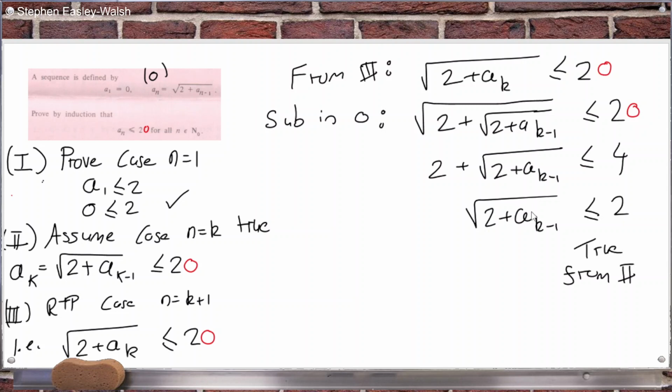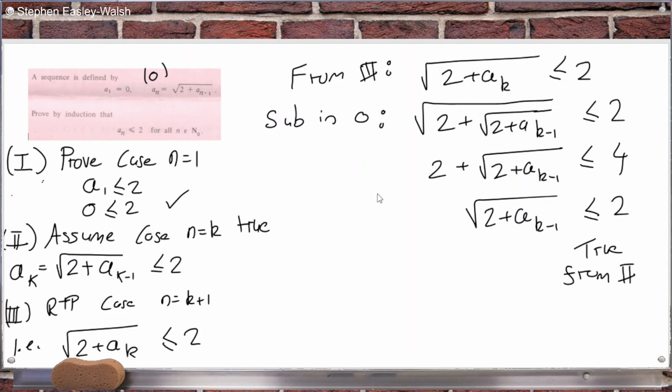So I'm just trying to demonstrate that I didn't do something silly like sub something true into something true to prove that it's true. Because if I was doing something like that, then it would have ended up being true even if I changed this. So this only works, it would seem, because of the 2 here and the 2 here. If you start changing those numbers, this inequality won't necessarily work.